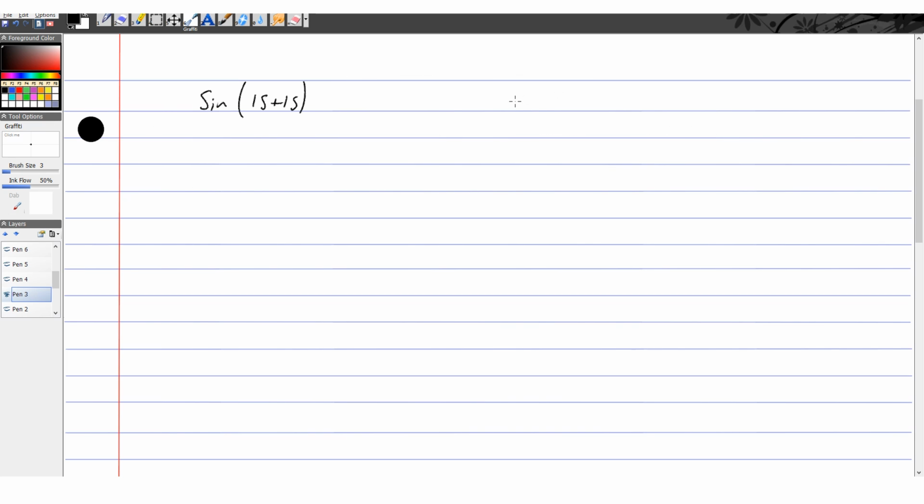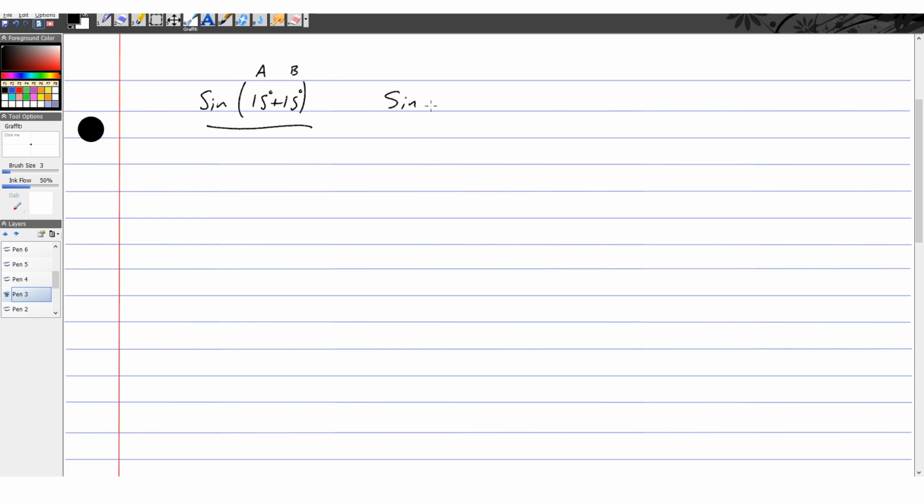So we're going to use the compound angle formula to find the sine of 15 degrees plus 15 degrees. But we know what the answer is because the sine of 30 degrees is a half, 0.5. So we'll do it with the compound angle formula. We're going to let angle A be 15, and in this case angle B is 15 too.